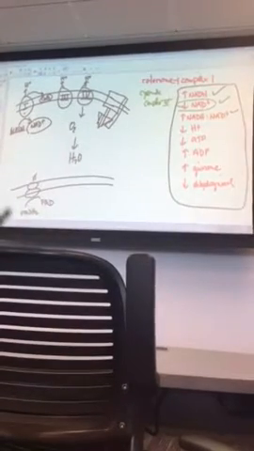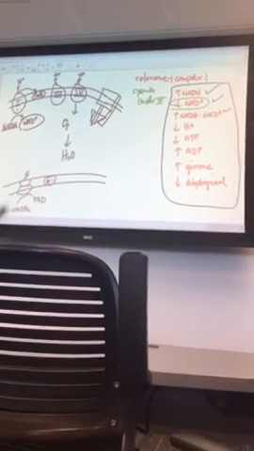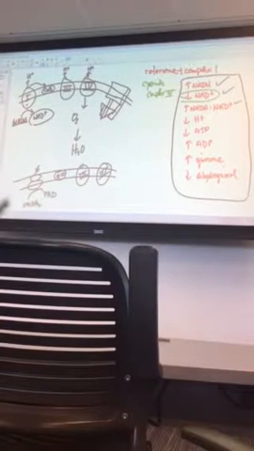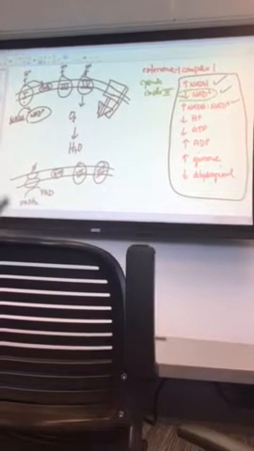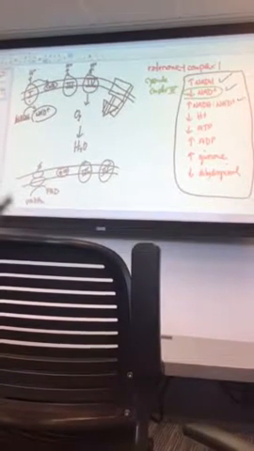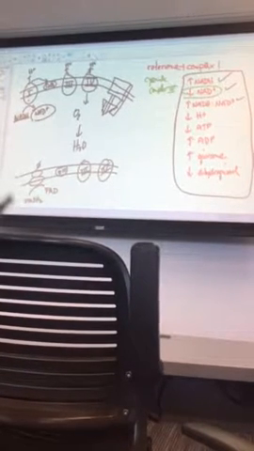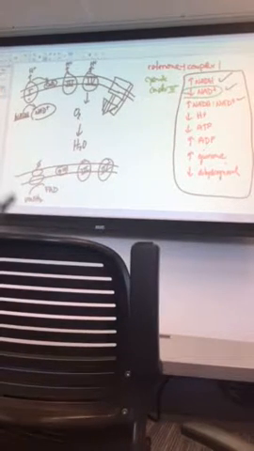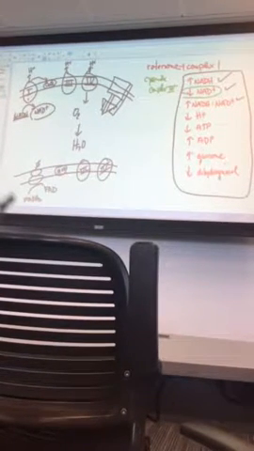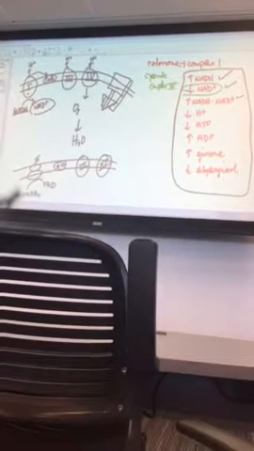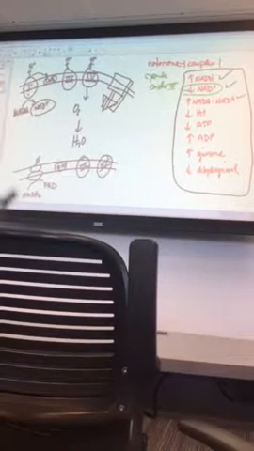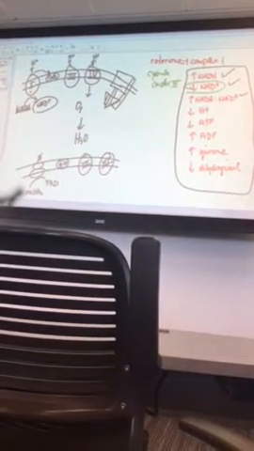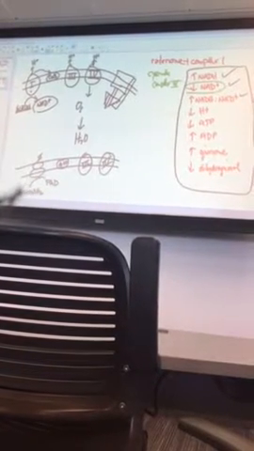So this is complex 2. We're going to call this CoQ10, 3, and 4. One of the biggest problems with complex 2 is that it does not span the length of the membrane. The physical structure of that complex does not allow it to have any proton pumping activity associated with it. So let me repeat. Complex 2 has no intrinsic proton pumping activity. All right? It has no proton pumping activity at all associated with it.